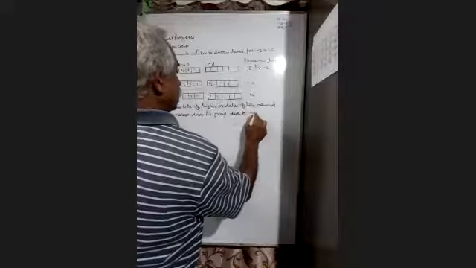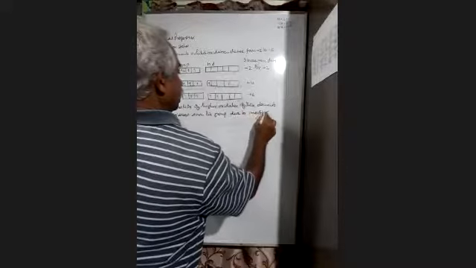Means what is the higher oxidation state? +6. It decreases down the group. Why? You know it, due to the inert pair effect.